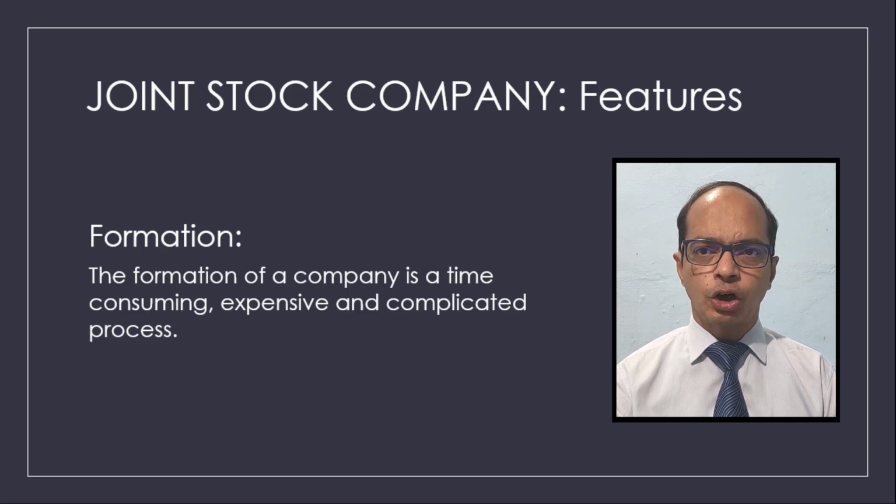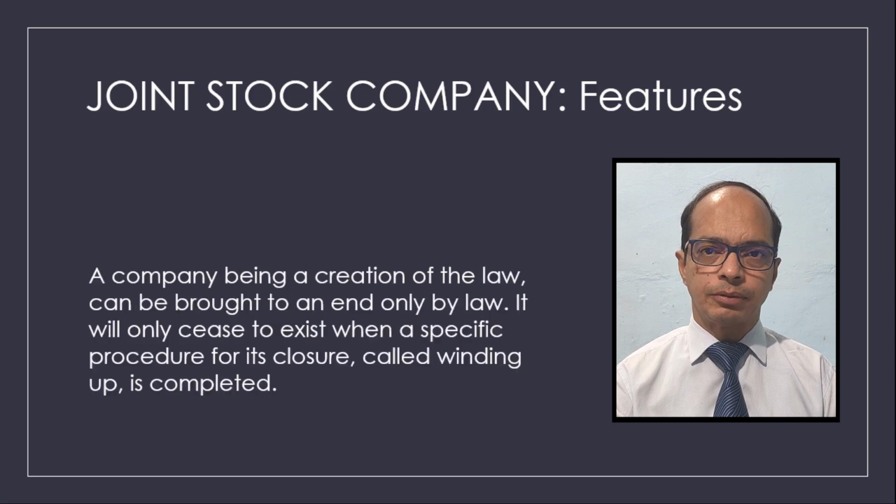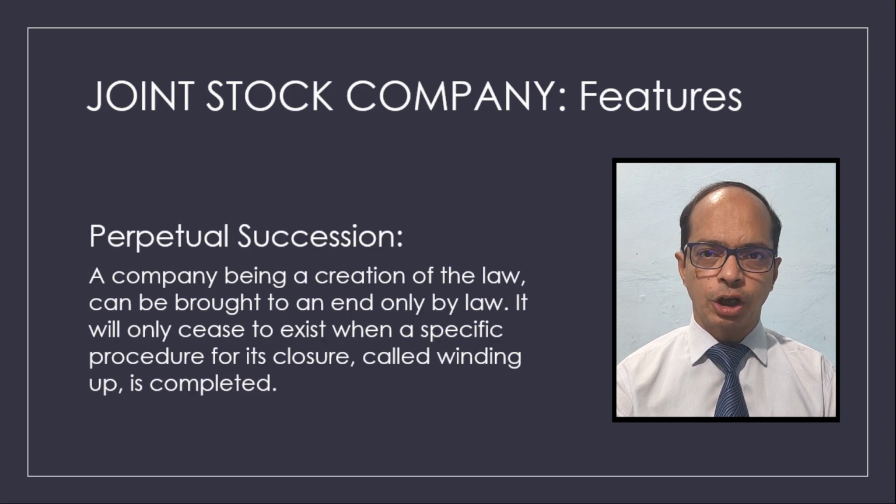Another feature of joint stock company is perpetual succession. Means there is no effect on the life of joint stock company due to admission of new member, retirement or death of the old member, lunacy or any kind of incapability. Even directors, who are the representatives of shareholders, may leave the firm due to any reason.